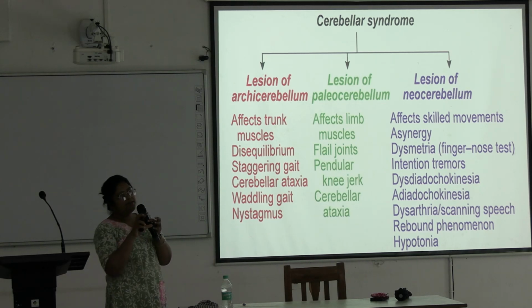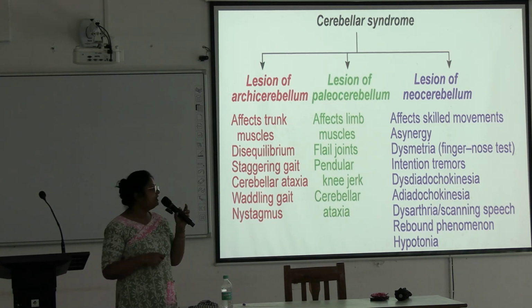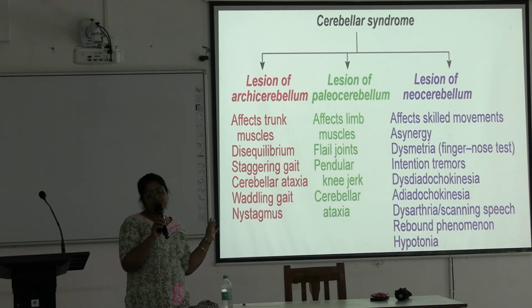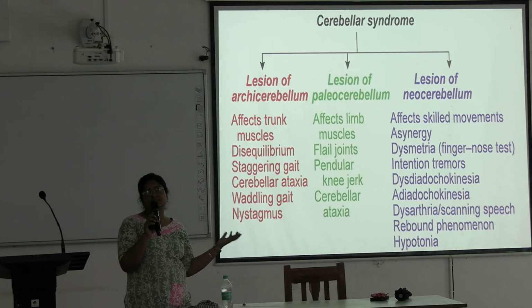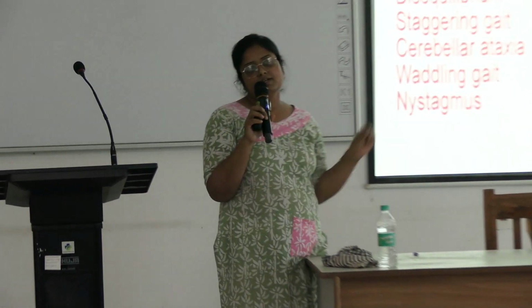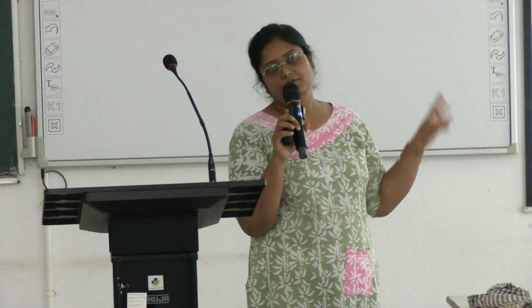Okay, you can be asked in your long question like this, you will be given these symptoms, and you have to diagnose which structure is involved in the patient. After that you will be asked questions from there. So you have to diagnose from the symptoms that it is cerebellar syndrome, and then you will be asked other questions from the cerebellum.